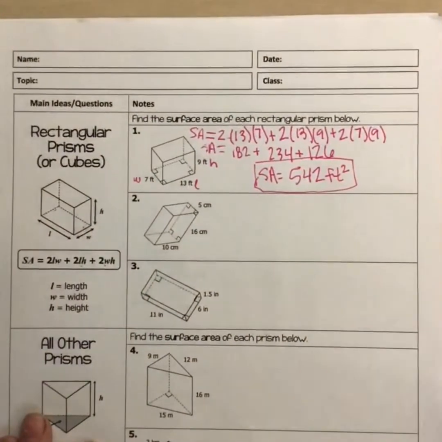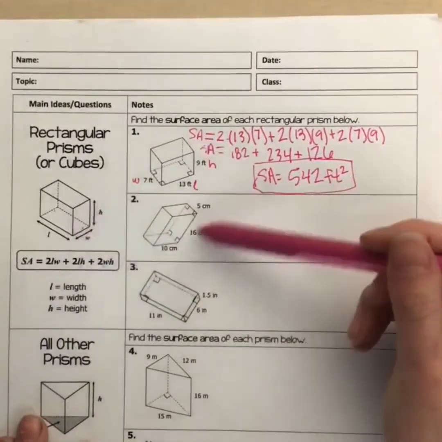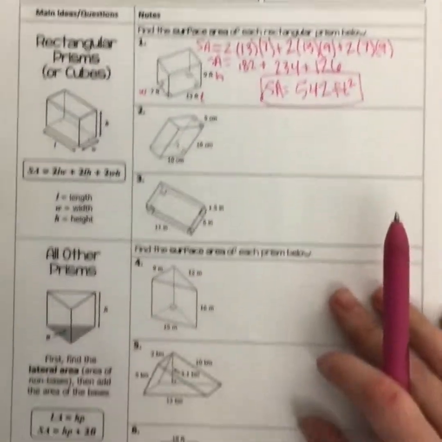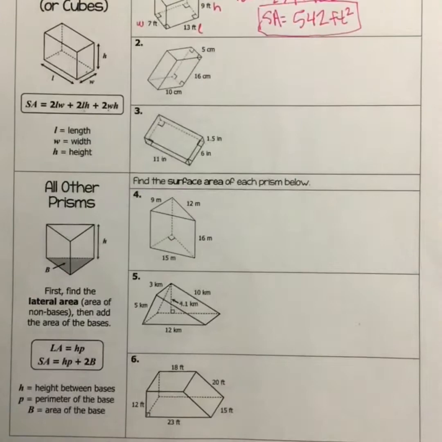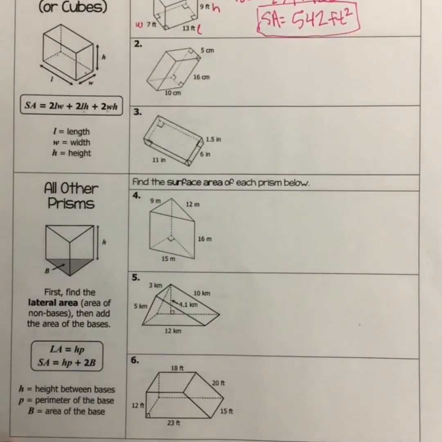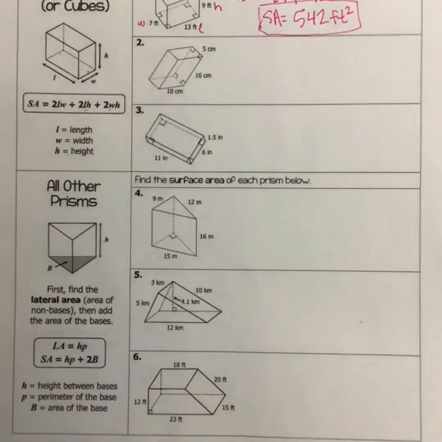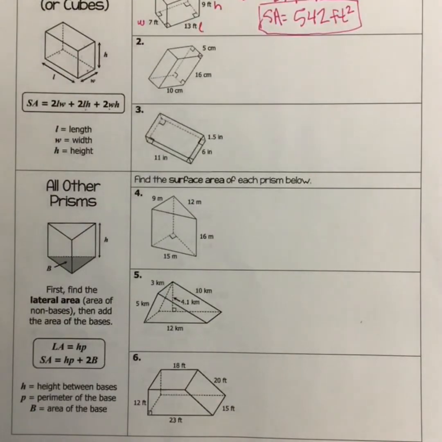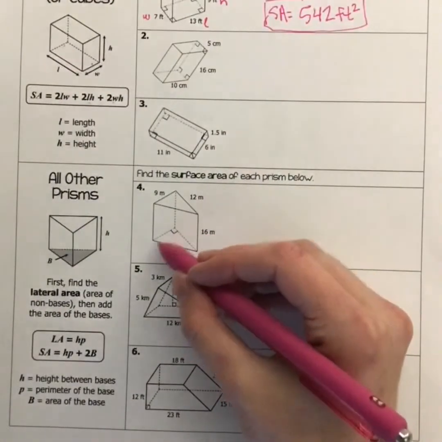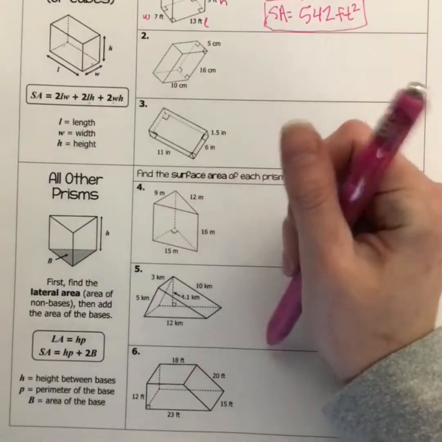Again, that works for anything that is similar to a cube or a dice shape, something that's made up of only rectangles and squares. But sometimes we'll have what's called our other prisms. They're made up of not just rectangles and squares. They could be triangles in the mix, trapezoids, any of those different kinds of shapes. Now, the way that we would find the surface area for these is by knowing the perimeter of our base and using that to find our area of these other shapes as well.